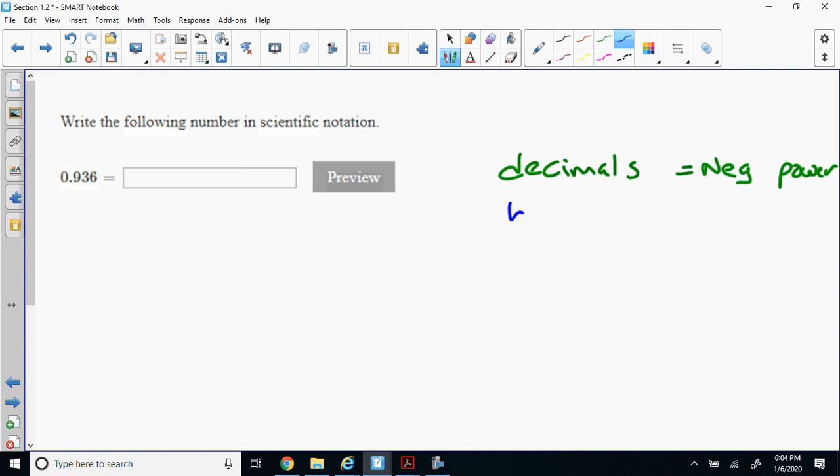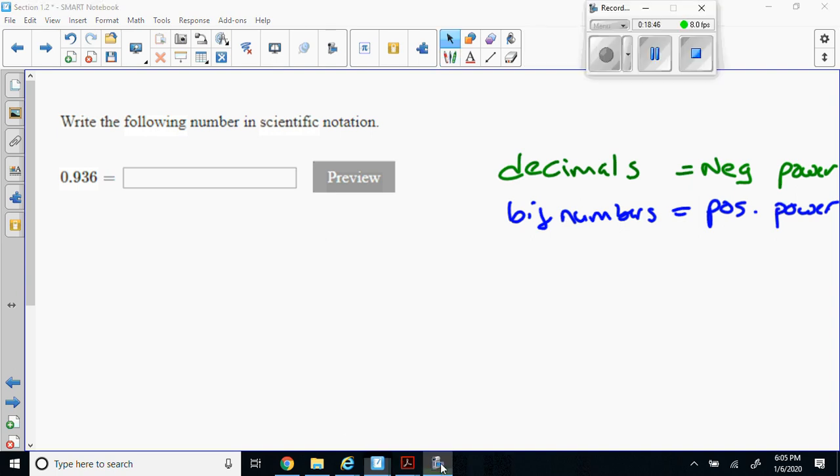And if I got a big number, and I hate to use the descriptive word big number, but come on, folks, greater than 1, then I'm going to have a positive what? That's going to help you know, when things are not in scientific notation, how to write it. You with me? All right. So, what am I looking at, folks?